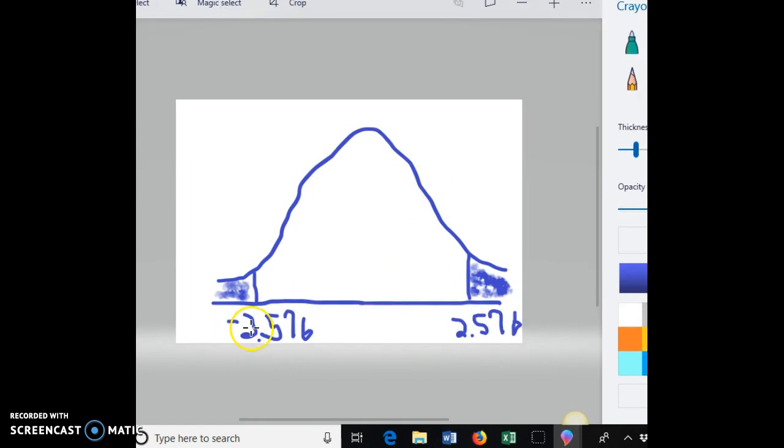We have negative 2.576 here on the left and positive 2.576 on the right. Two rejection regions. So when we do our test statistic in a minute, if we get a number that's to the left of negative 2.576 in this blue area here, we're going to reject the null hypothesis. And if we get anything to the right of positive 2.576 over here, we're going to reject the null hypothesis. So anything in both rejection regions, we reject the null hypothesis.